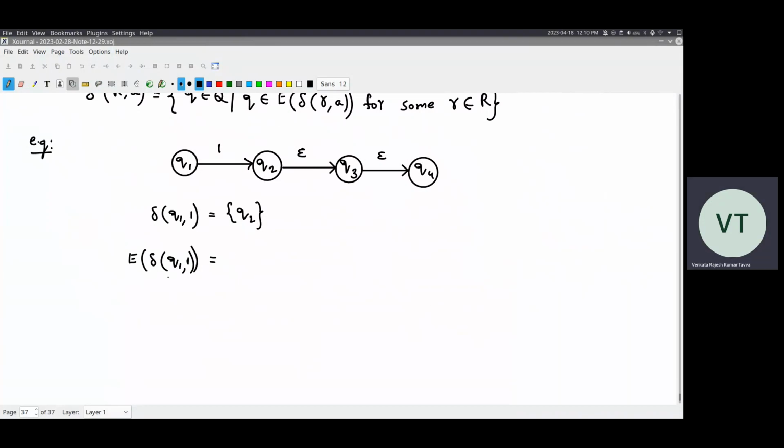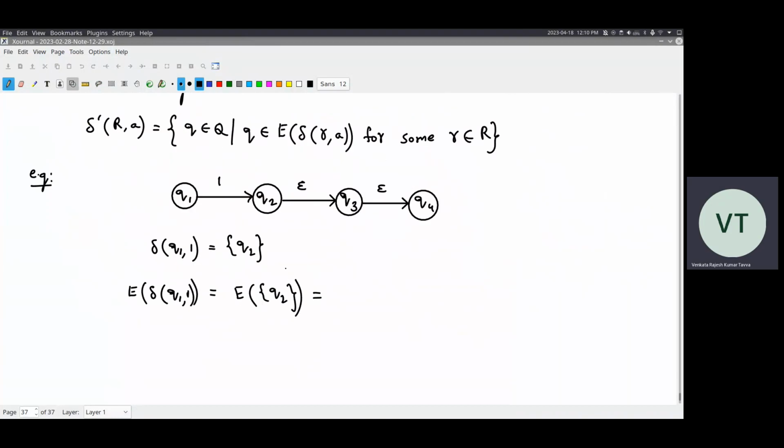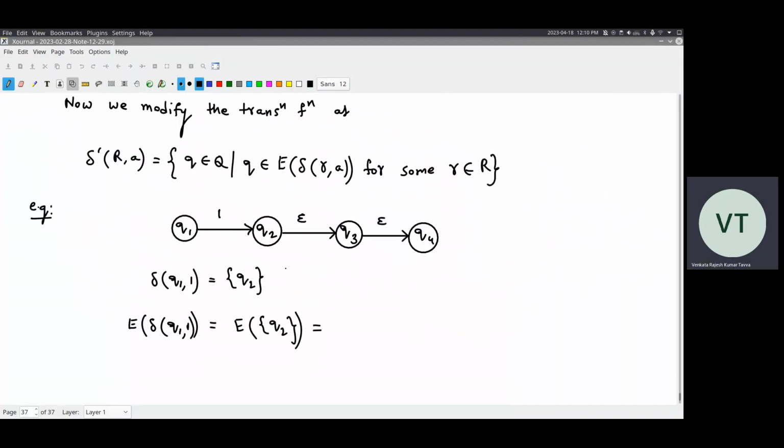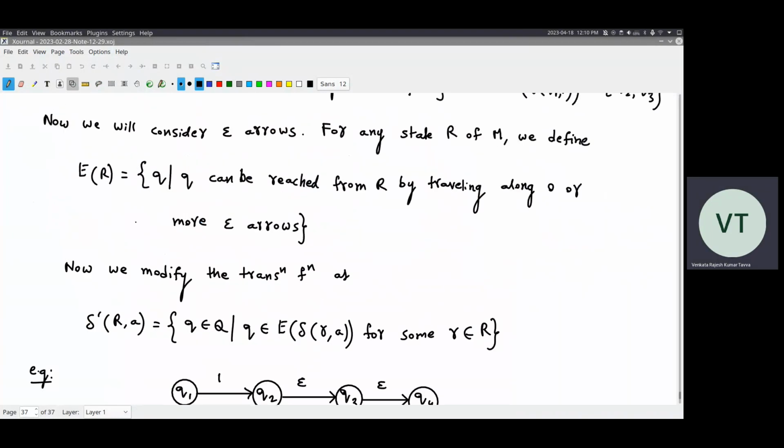But first of all, delta of Q1 comma 1 is nothing but Q2 in a set. Okay. And E of R is nothing but the set of all those Qs that can be reached from R by traveling along 0 or more epsilon arrows. Okay, it need not be only one epsilon arrow.